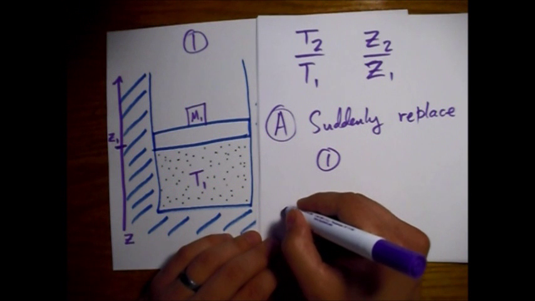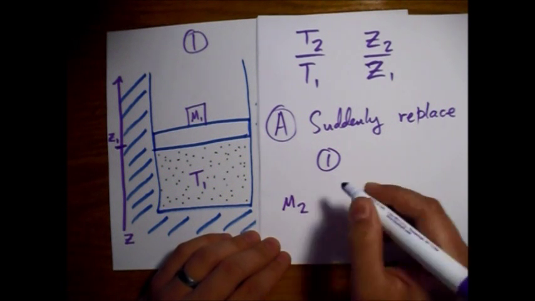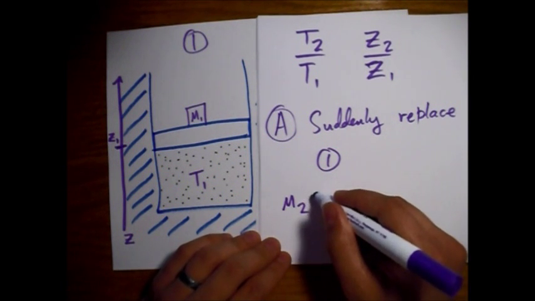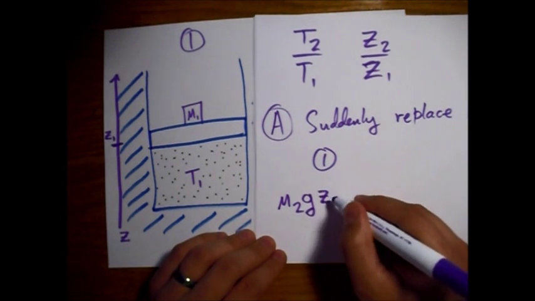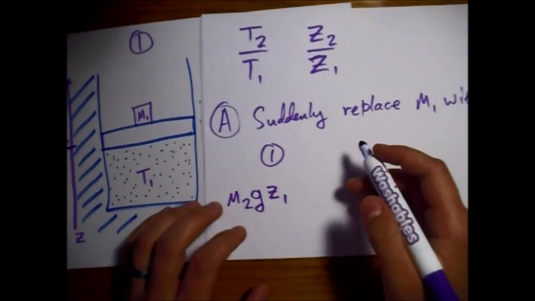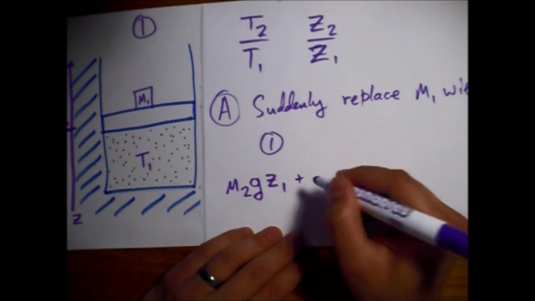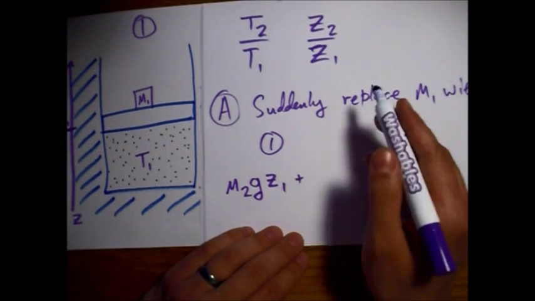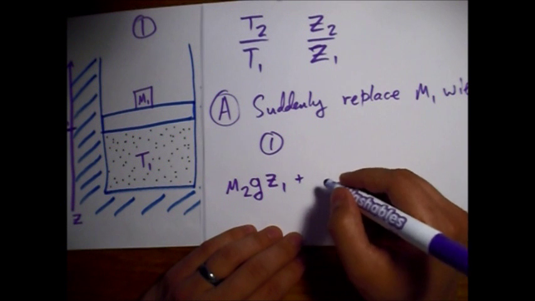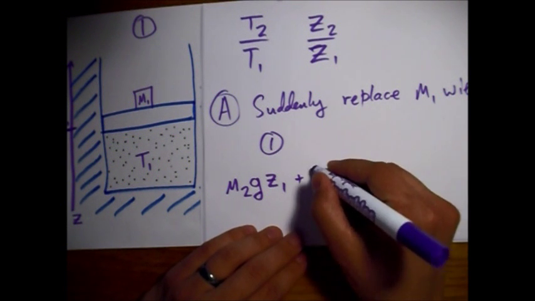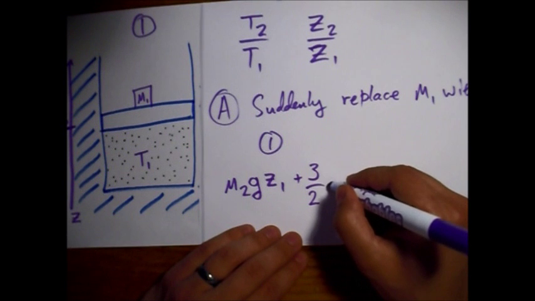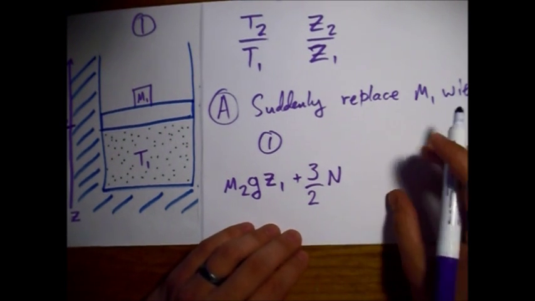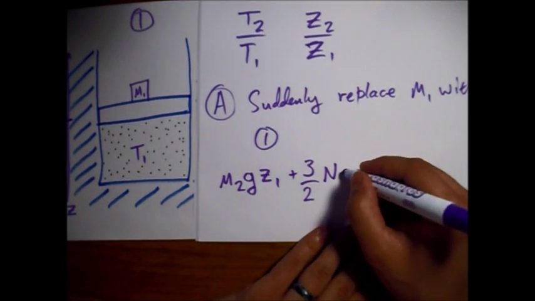So we actually have an M2 G, right, and then a Z1, plus the energy of the gas. So the energy of an ideal gas is 3/2 NKT. So we put 3/2. N stays constant throughout this whole process. We're not letting gas in or out.